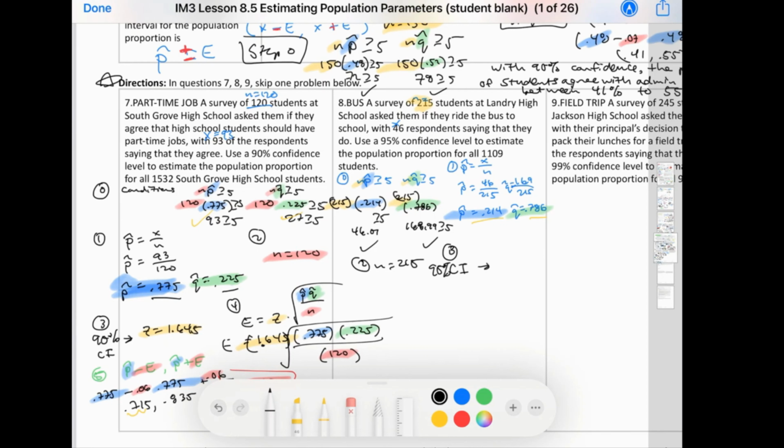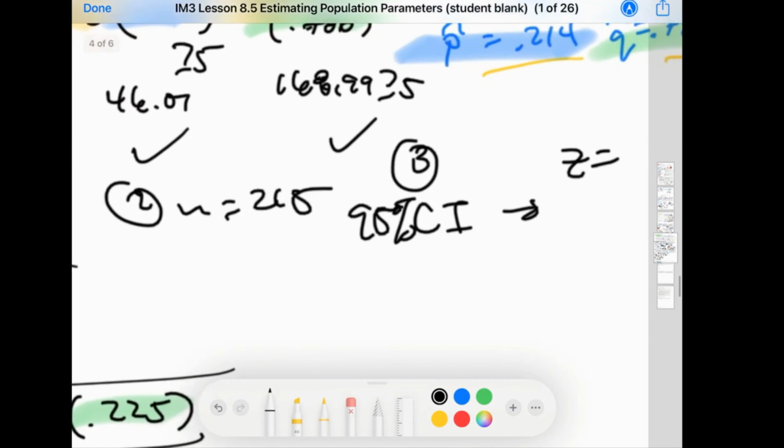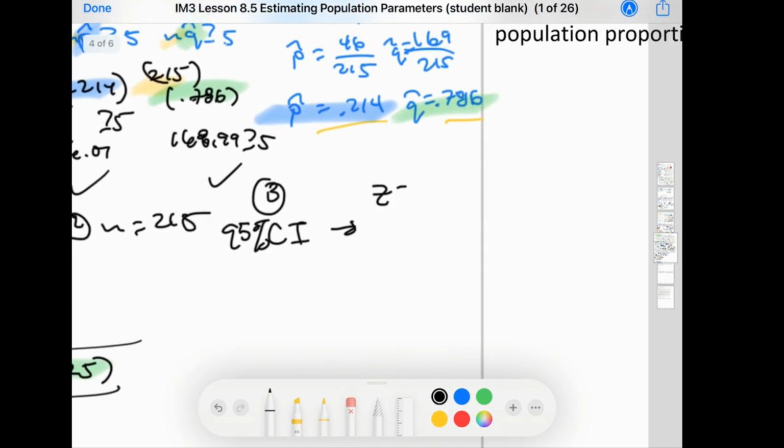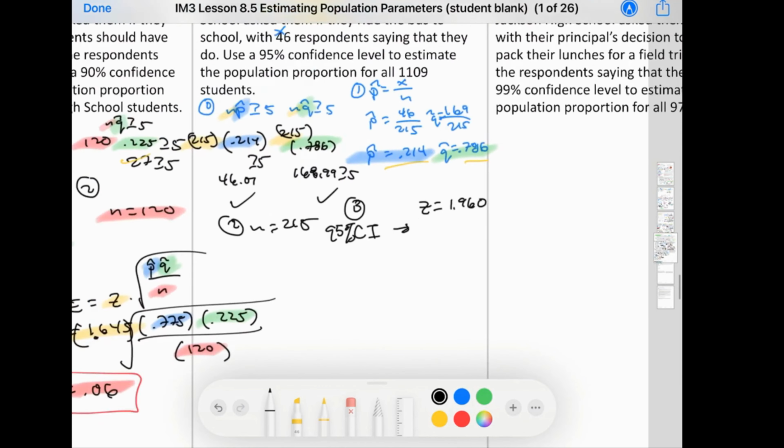So look back at the chart at the beginning of the class. And I'm going to erase you because I'm looking at my phone. I can't read my writing. That says a 5. Come on, Mr. Rick. 95% is 1.96. Okay.